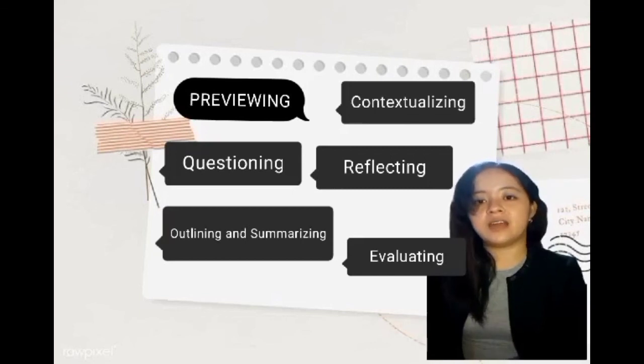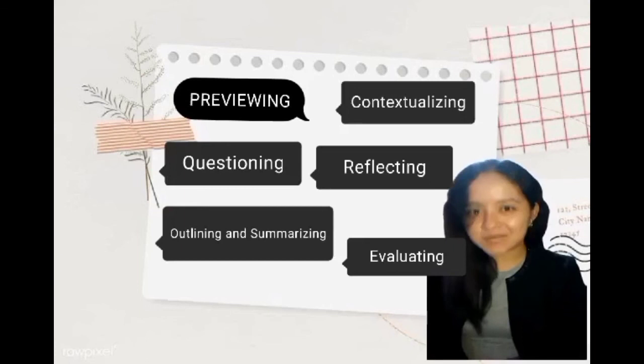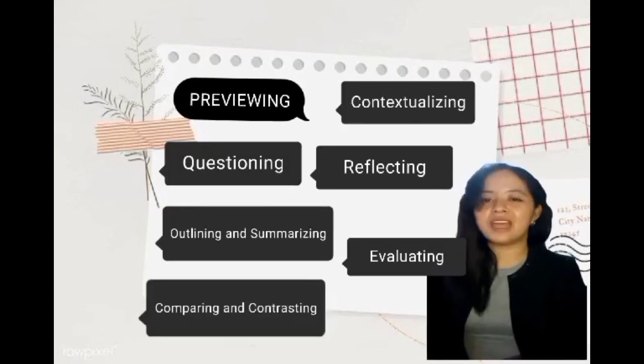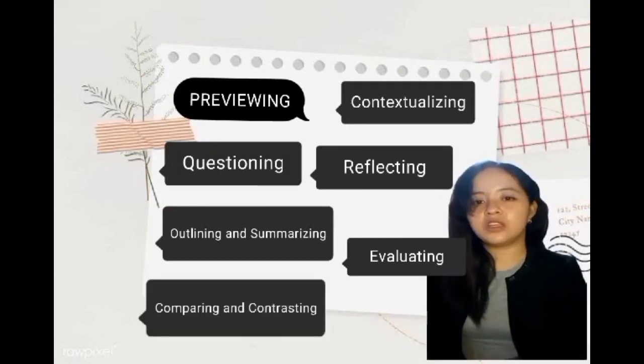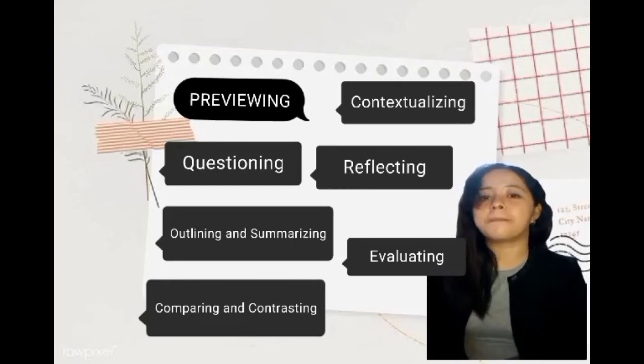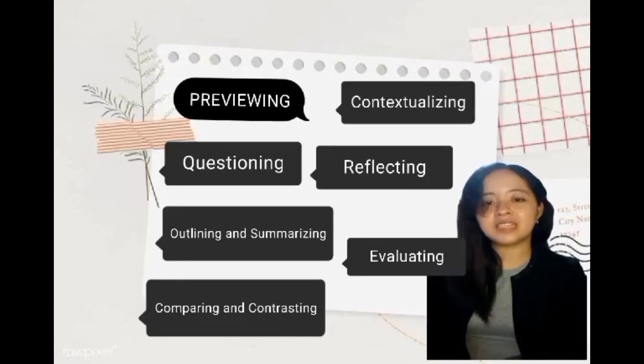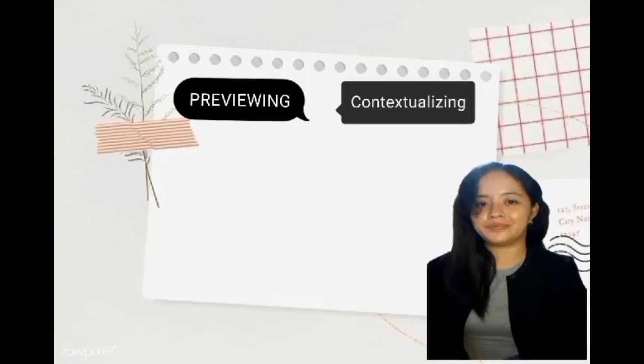Evaluating is testing the logic of a text as well as its credibility and emotional impact. And last but not the least, comparing and contrasting. This is the exploring of likenesses and differences between the texts to understand them better. And that's it for the seven strategies of critical reading.